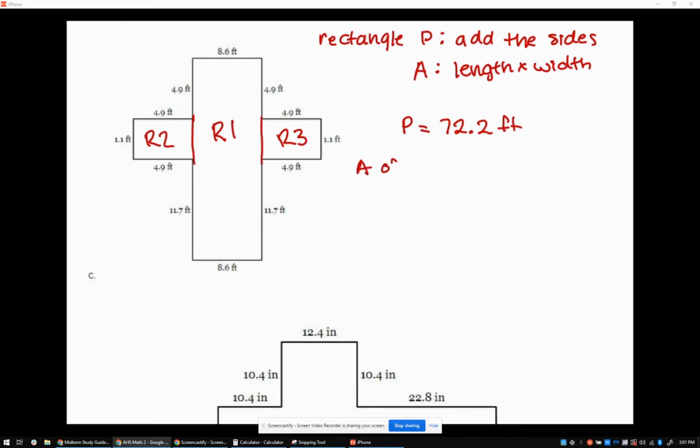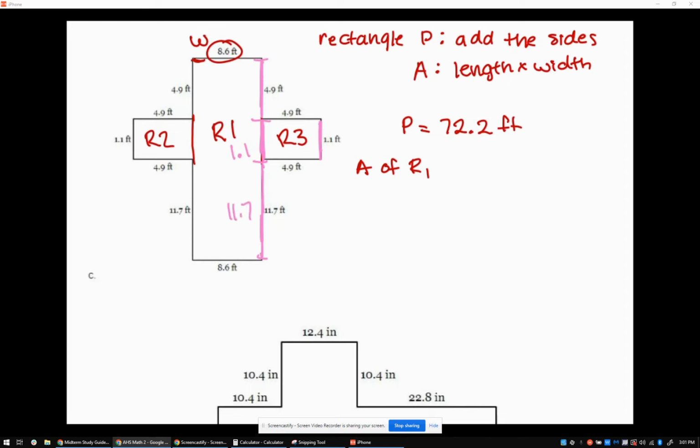So the area of rectangle 1: we know our width is 8.6. We just need to figure out how long our length is. So we're going to have to add this section right here, 4.9, plus this section right here. We know that this section is going to be 1.1 because this section is also 1.1. And then this section right here is just 11.7.